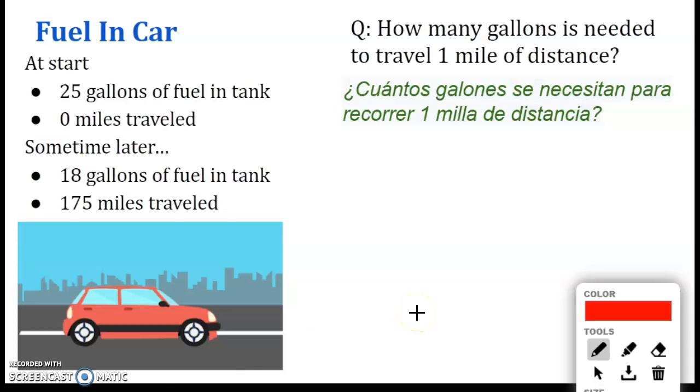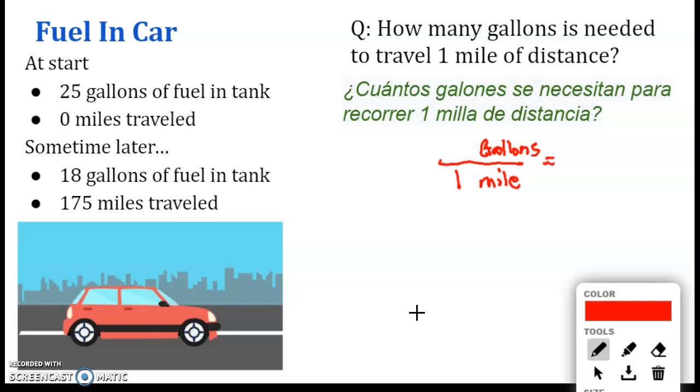So that means we are looking for the gallons per mile unit rate. So we are looking for some number of gallons of gas per unit of 1 mile, per mile. How many gallons are required per mile? So this is the unit rate.